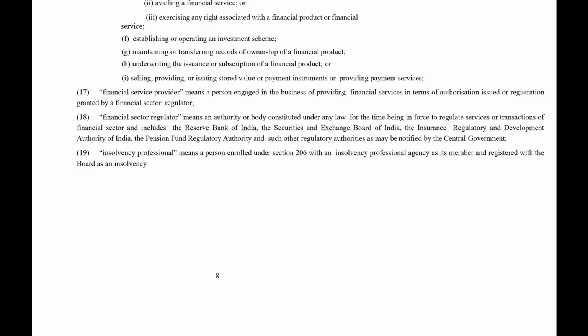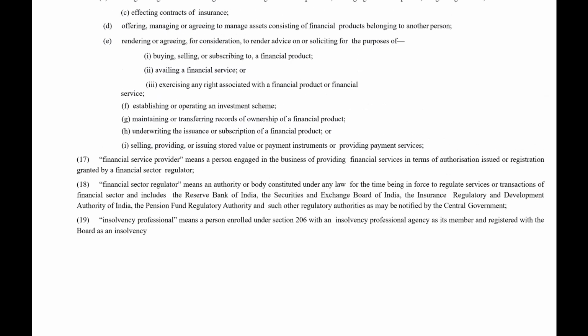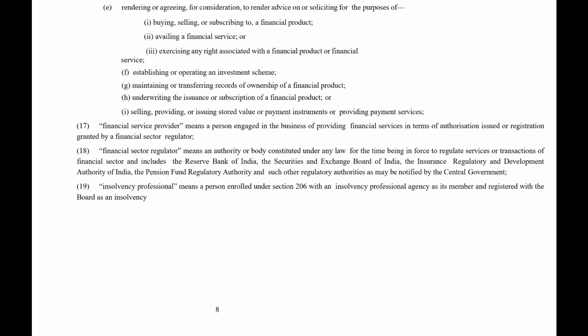And what does financial service provider mean? It means a person engaged in the business of providing financial services, which are outlined above, in terms of an authorization issued or registration granted by a financial sector regulator. Suppose there is a private money lender. Will that private money lender come under financial service provider? The answer is no, because he is not being regulated by a financial sector regulator.